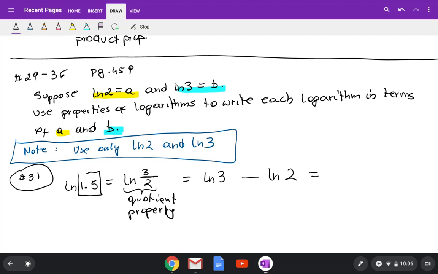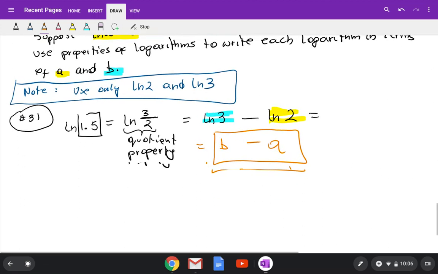Now we go back. We know that ln of 3 is equal to b, so we change ln of 3 to b, minus, and we know that ln of 2 is equal to a. So we have b minus a as the final answer. It's just playing with the properties. Okay, let's do 35.